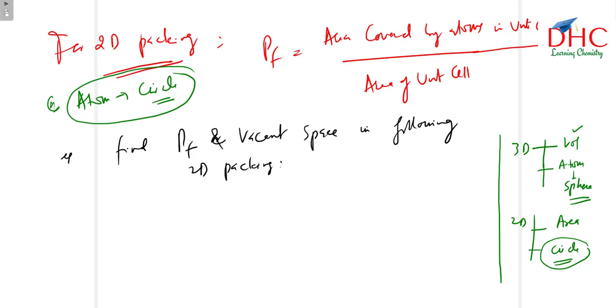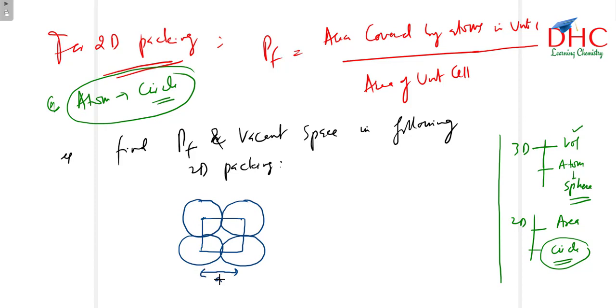What is given: the packing is like this. The edge length of this image is equal to a, and the radius of the sphere is basically r. So you are required to find the packing fraction of this particular figure. How much is the packing fraction and how much is the vacant space, but the packing is 2-dimensional packing.